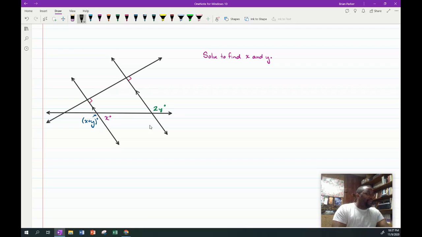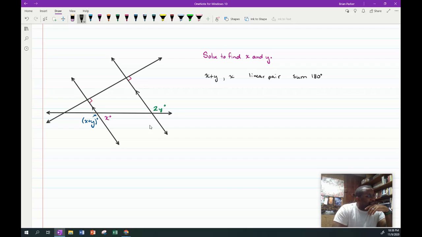I need to know that because now I can talk about the angle relationships that we have here. I can say that x plus y and x are a linear pair, right? So that means their sum is going to be 180 degrees. x and 2y don't have a relationship, but I've got two parallel lines, and here's the transversal.